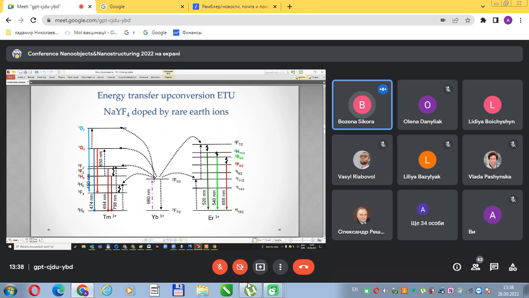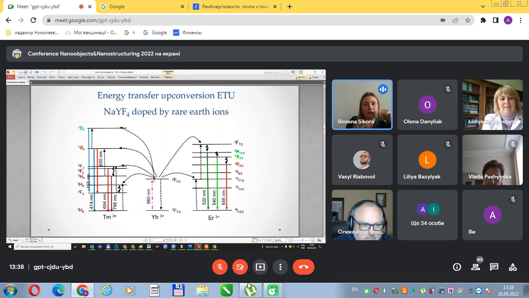Could you show the slide, please? This is slide 10. Silica oxide is covalently connected to your nanoparticles. Yes. Here.